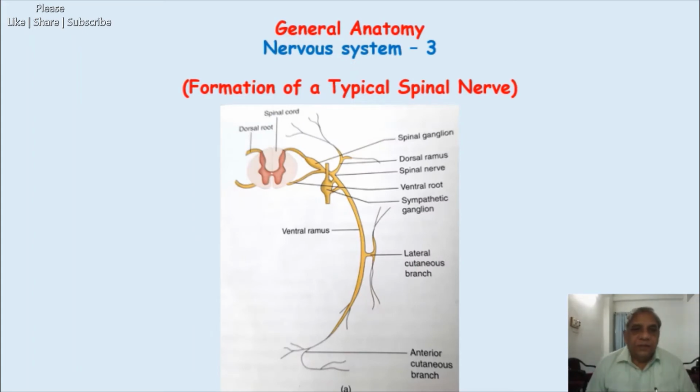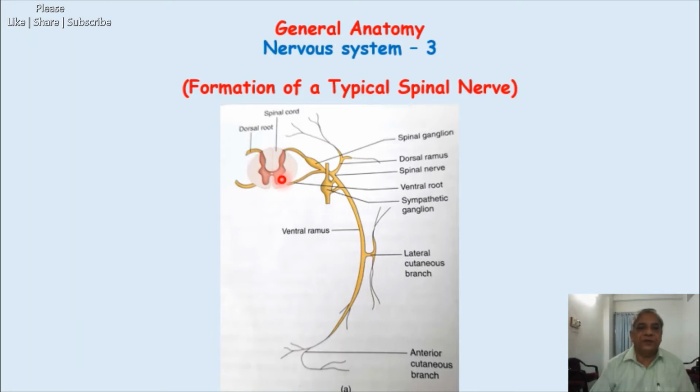Now, if we see the formation of the typical spinal nerve, in this diagram I will explain the typical spinal nerve, which is shown only on one side. Here you see the transverse section of the spinal cord, anterior horn, posterior horn, and central canal.